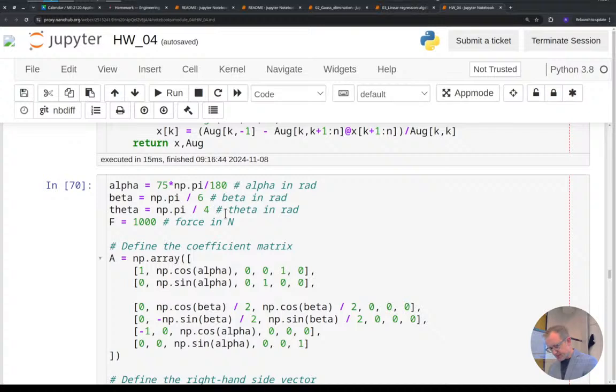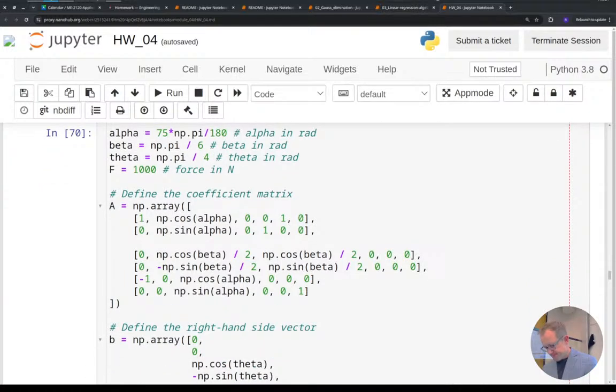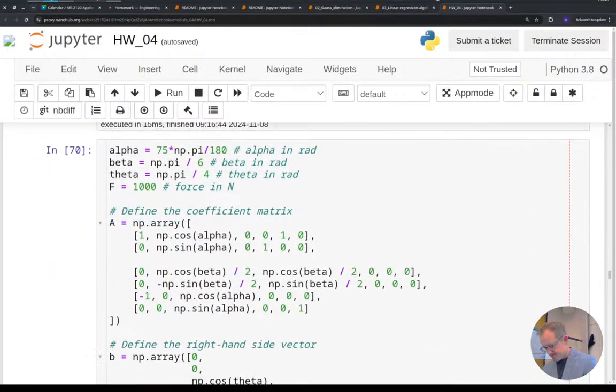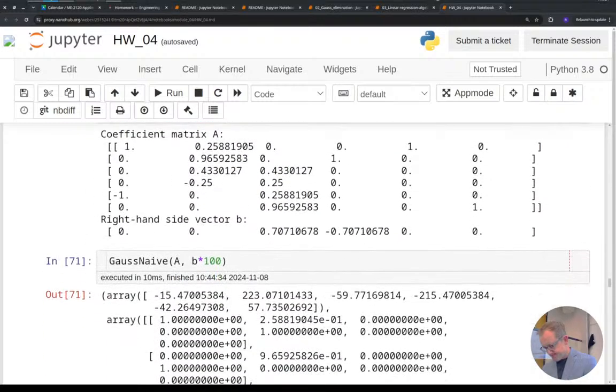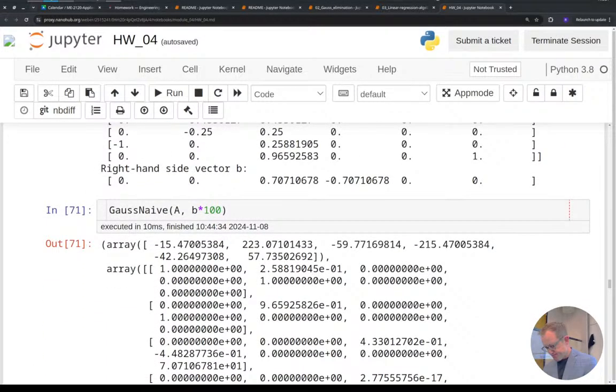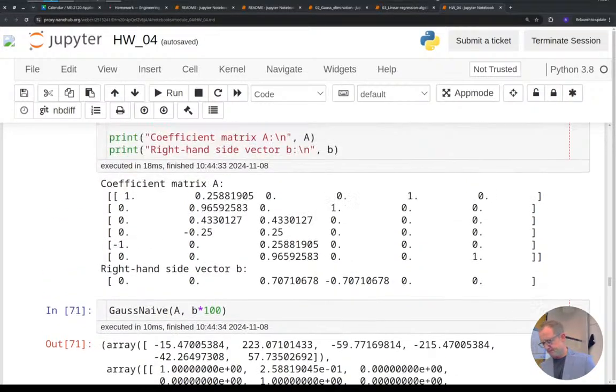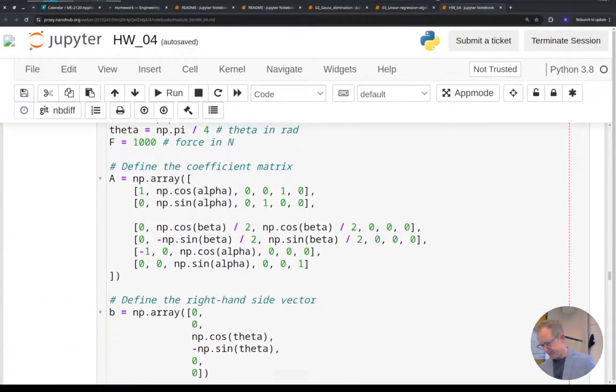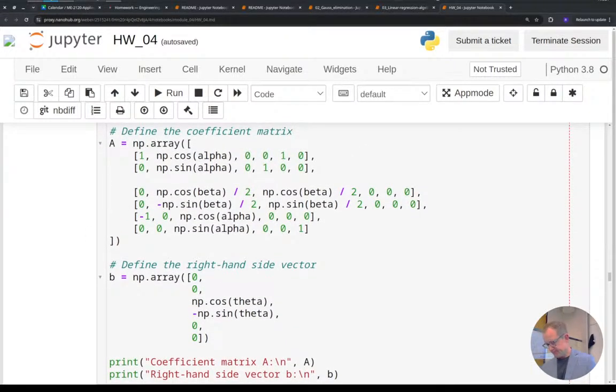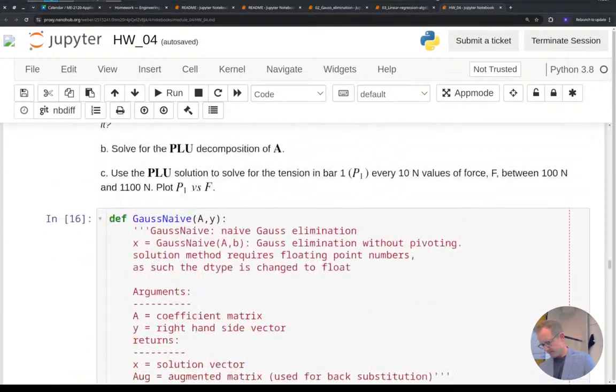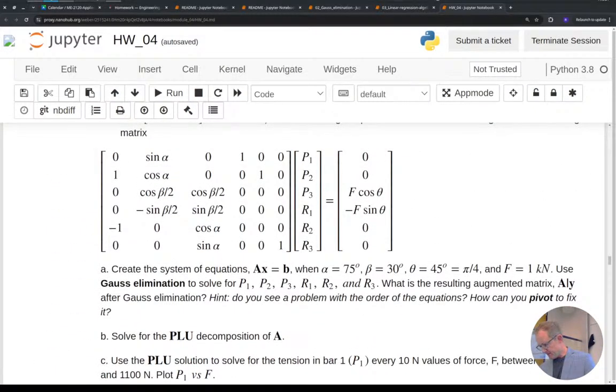$75, $60, $45. I don't know. Do I have the right angles in there? 75, 30, 45.